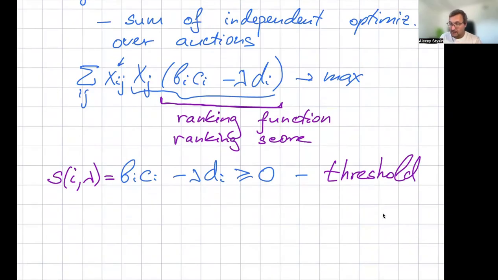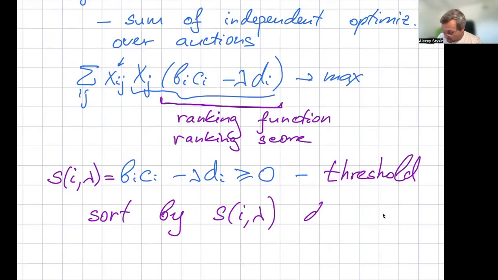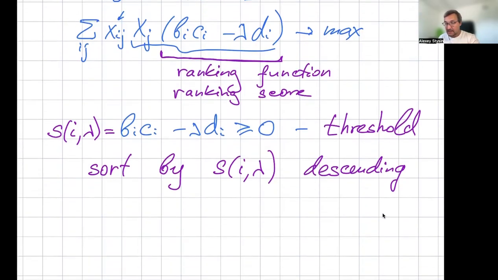And the second step is going to be to sort them, basically sort by S of i and lambda in descending order, and assign the largest one to the largest effective slot, the slot with the largest effective size. And then take the second one and assign it to the second largest slot, and so on.